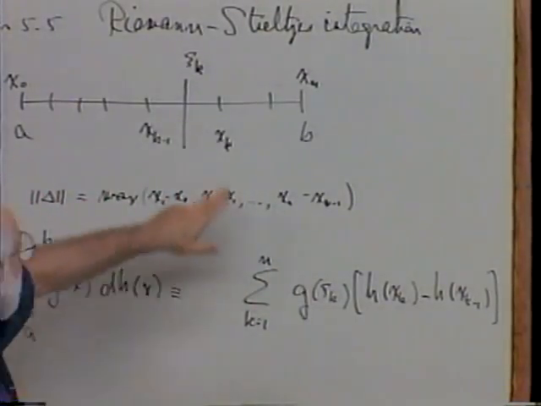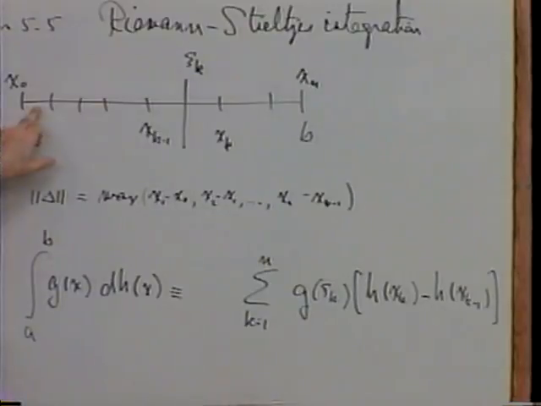So there's a zeta sub 1 here, and a zeta sub 2 here, zeta sub 3 here, and so forth. And so what this says is take g evaluated at the intermediate point and multiply it by the amount by which the function h changes between here and here. And then add in the value of g at this intermediate point and multiply that by the amount by which the function h changes from here to here and add those things up.